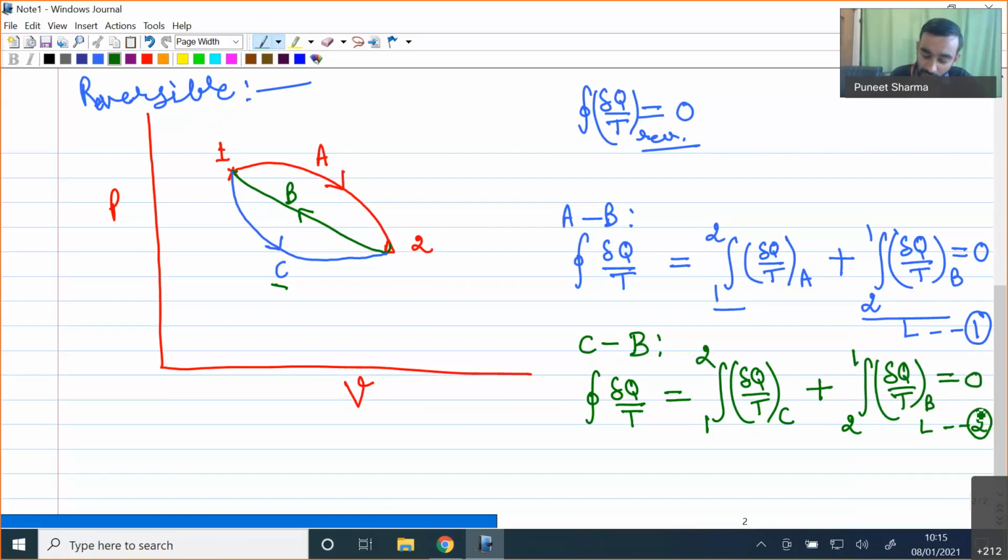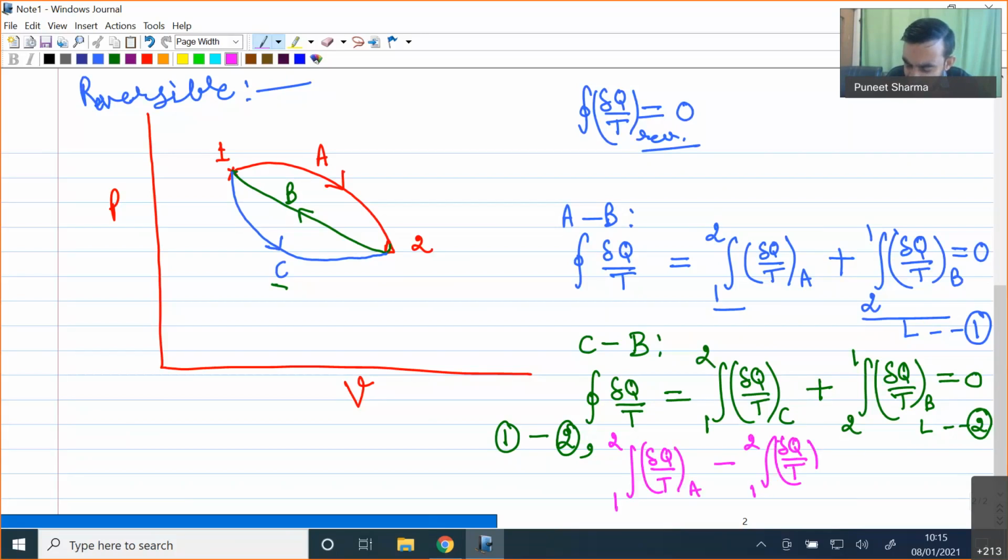Okay, if now I take 1 minus 2, what will be happening from 1 minus 2? You can see the del Q by T from 2 to 1 through path B is common in both the equations 1 and 2. So it will be cancelling out, and I'll be simply finding that the integral from 1 to 2 of del Q by T along path A minus the integral from 1 to 2 of del Q by T along path C is equal to 0.